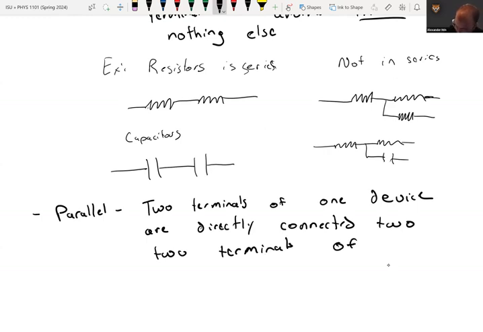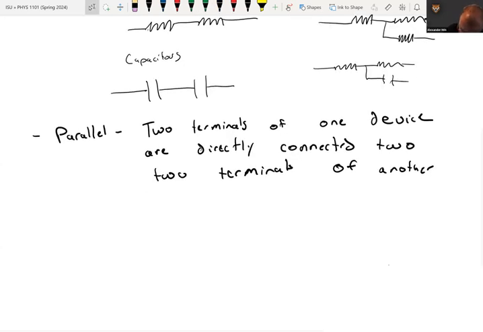All right. Now, what we have here is, so resistors, like I said, we'll do resistors in parallel.